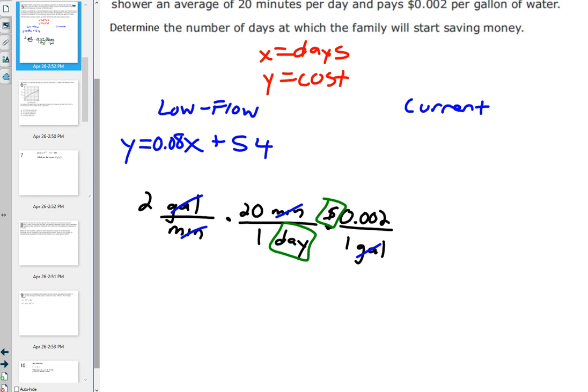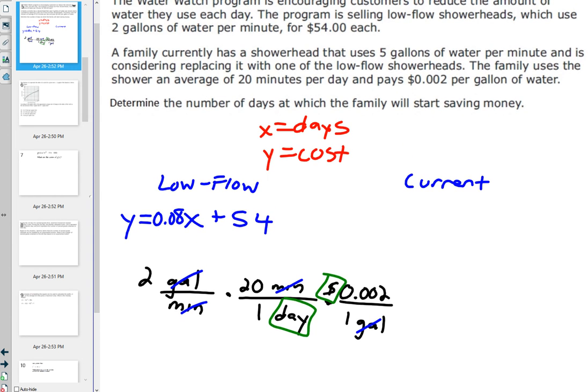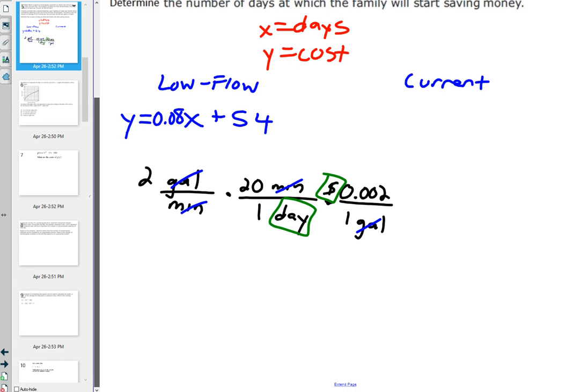You don't understand how I got that? For the low flow shower head, all they really told me was that it uses 2 gallons per minute. But for the purposes of the equation, I need a ratio to relate days and cost. So I did a dimensional analysis, which is what you should have learned before you got to me, way back in September.